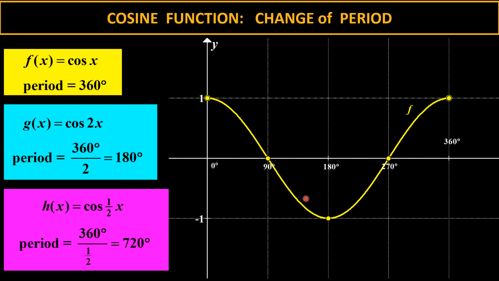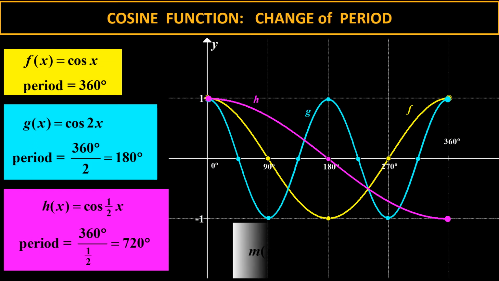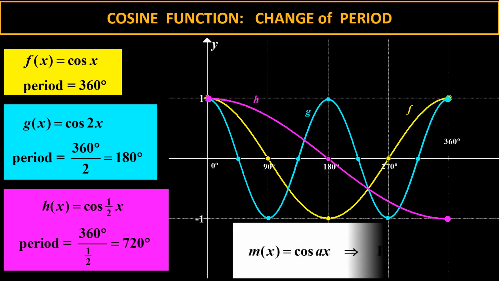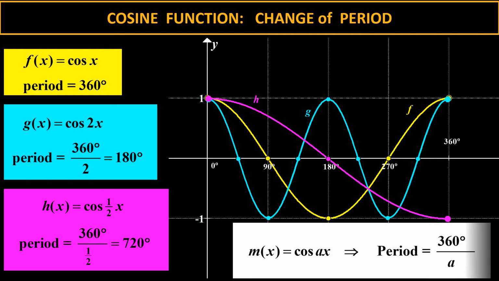This is the curve there, and this is what half of it will look like. I've only represented half of the curve up to 360. I need another 360 to complete the curve. So the same way here, if I have cosine of ax, then the period is 360 divided by the constant a.